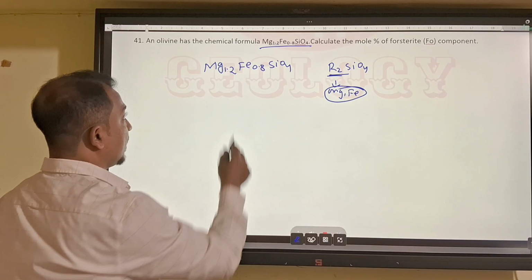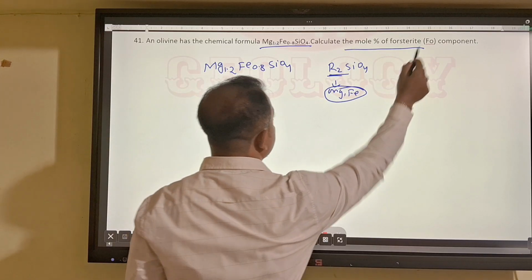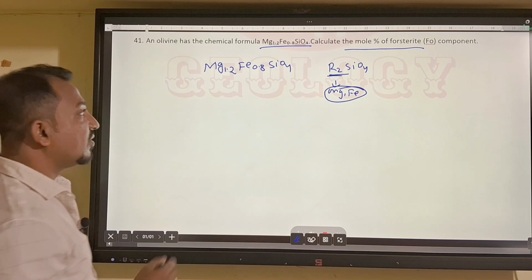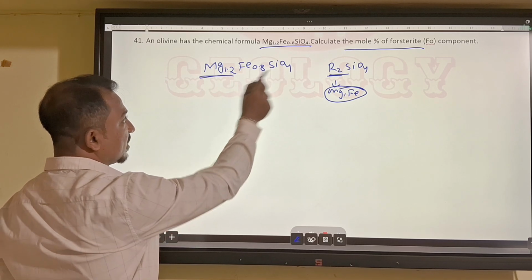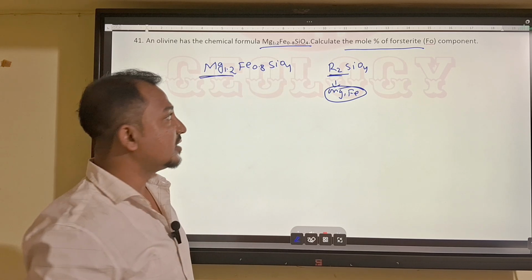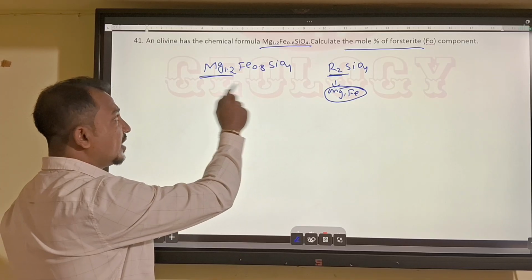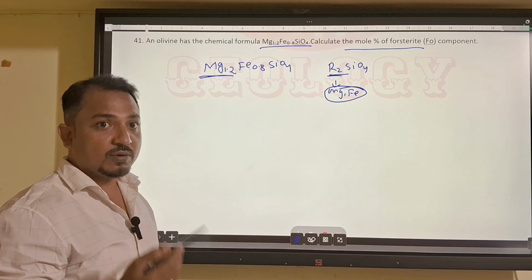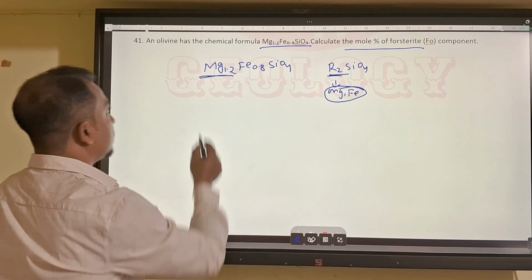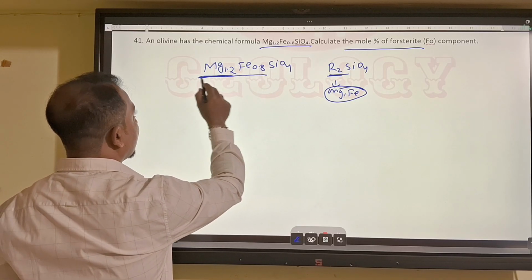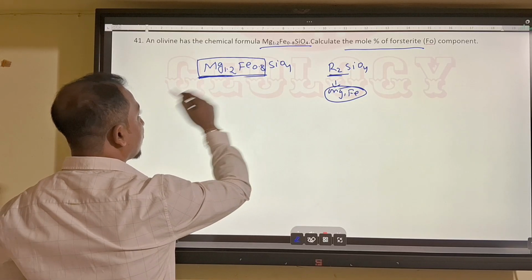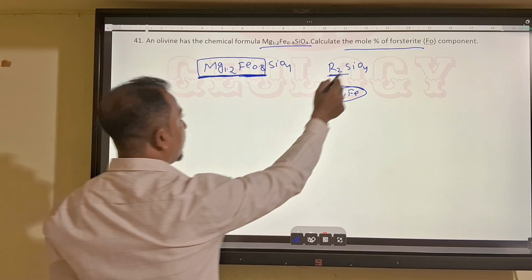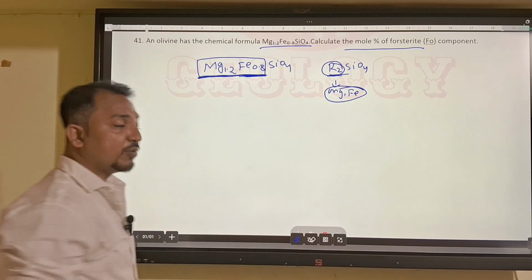During a calculation like this, I have to calculate the mole percentage of forsterite. Here the forsterite percentage is only affected by Mg. SiO4 doesn't affect the Mg or Fe percentage. So if you are asked the mole percentage of forsterite, you just take this divalent site, which will occupy a whole number of 2.